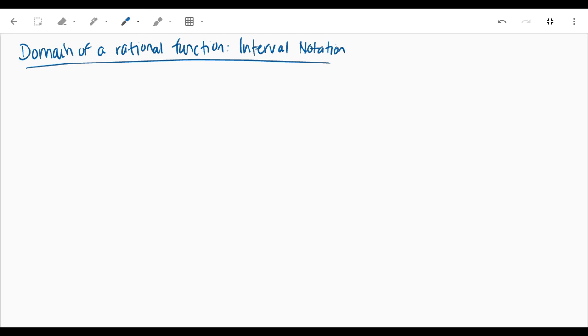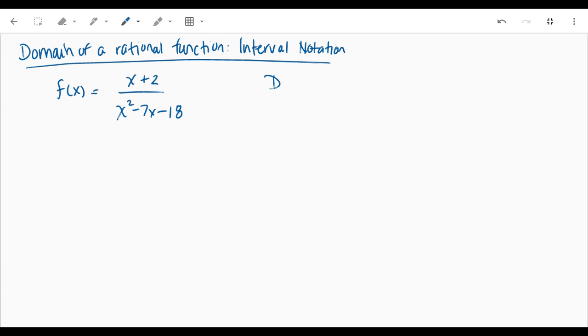of a rational function, using interval notation. Okay, so you have definitely done these before. Given a function like f of x is maybe x plus 2 over x squared minus 7x minus 18.